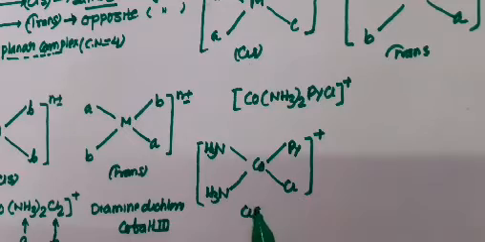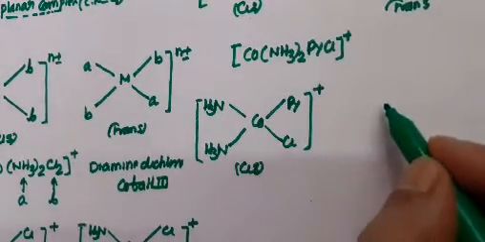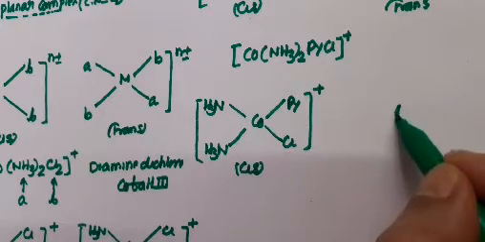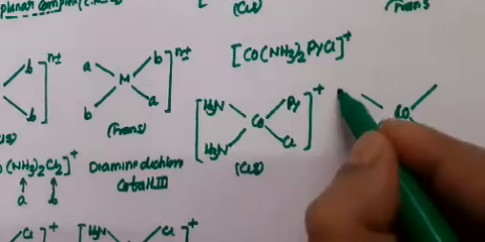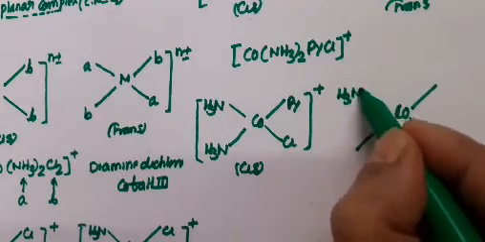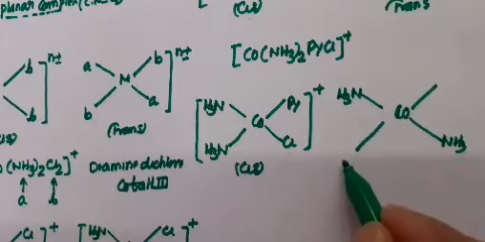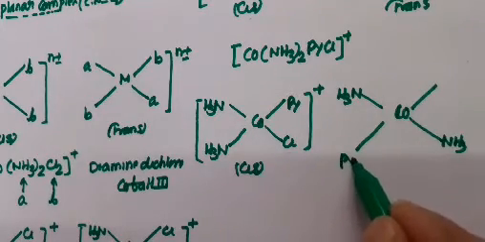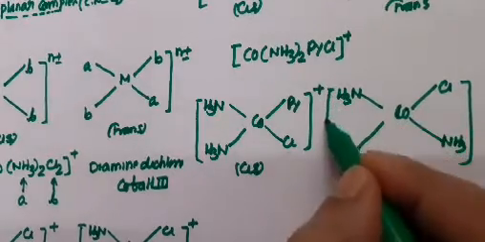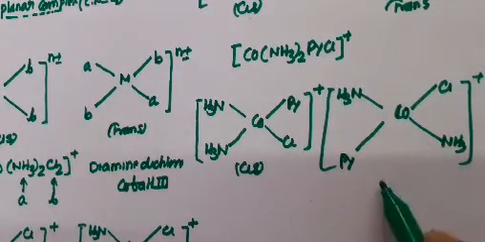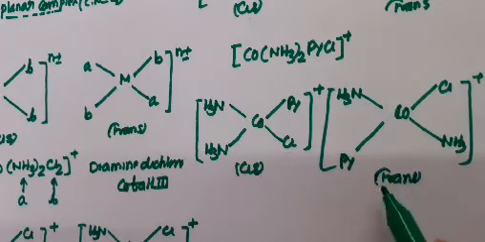So this is the cis form, and similarly we can draw the trans form also. Simply we have to place identical ligands in opposite directions of the central metal ion in a given complex. So this arrangement will give you the trans arrangement.